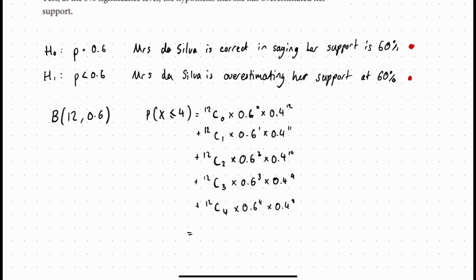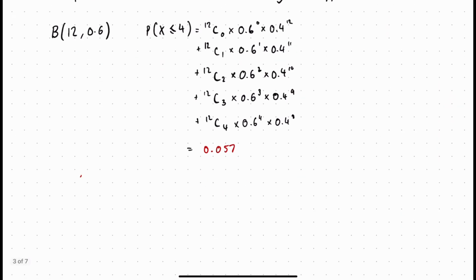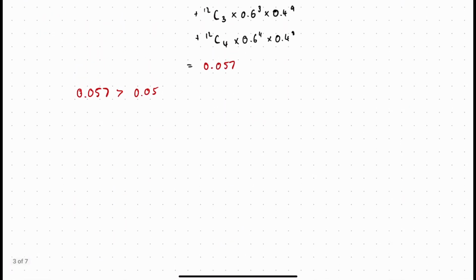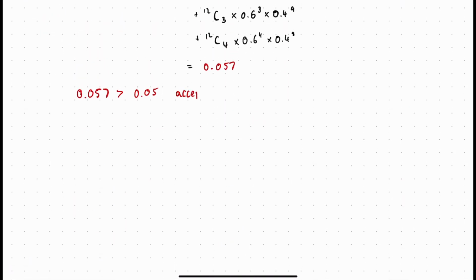Yeah, so all of that added together is 0.057, and as 0.057 is greater than 0.05, which is the significance level stated in the question, then we accept the null hypothesis.